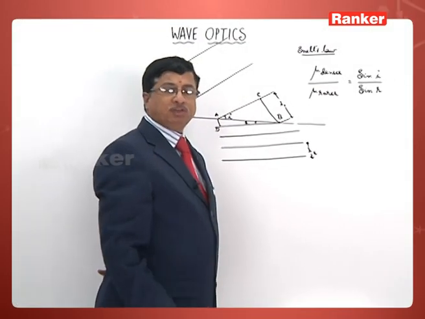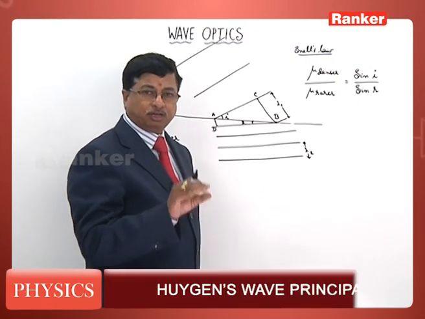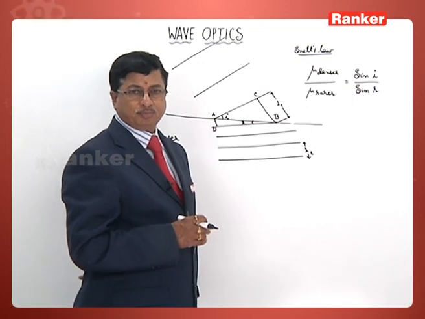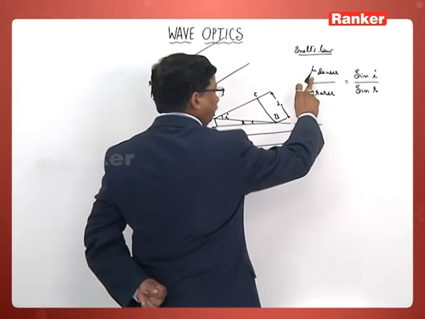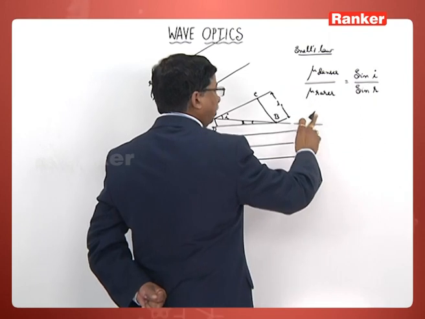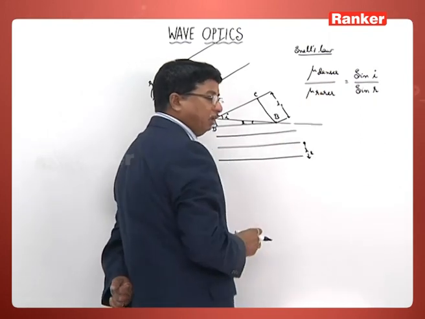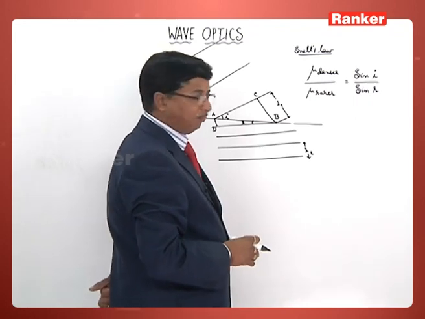In fact, mu equals sin i by sin r is the formula we call Snell's law. So in this case, the refractive index of the denser medium with respect to the rarer medium will be sin i by sin r.